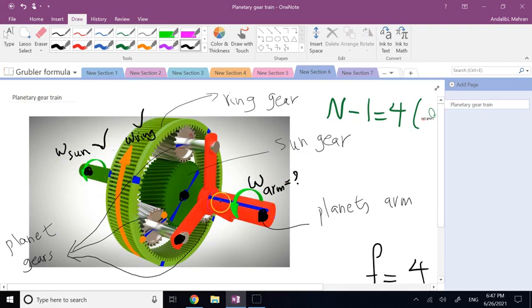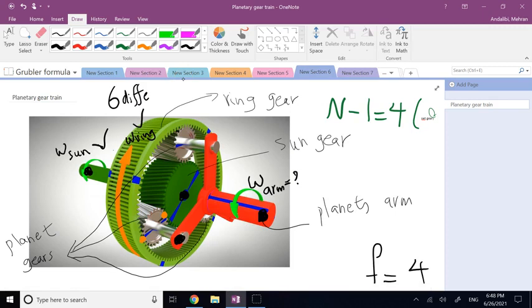So there are 3 major members, the planet arm, the ring, and the sun, and I can move or determine the motion of 2 of them, get the output from the other one, and it means it gives you 6 different types of motion, 6 different combinations of input output.